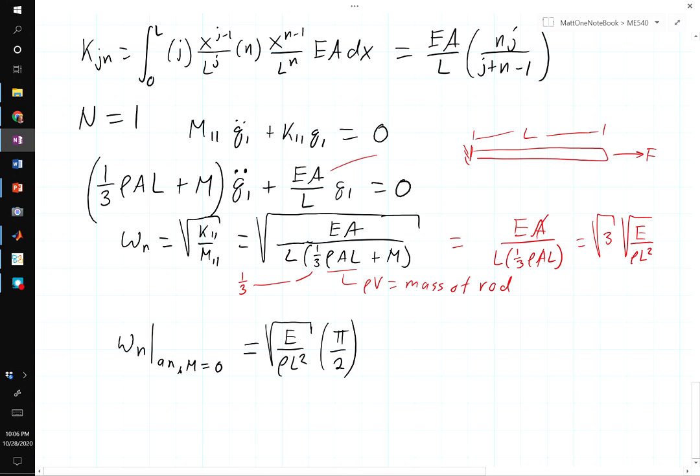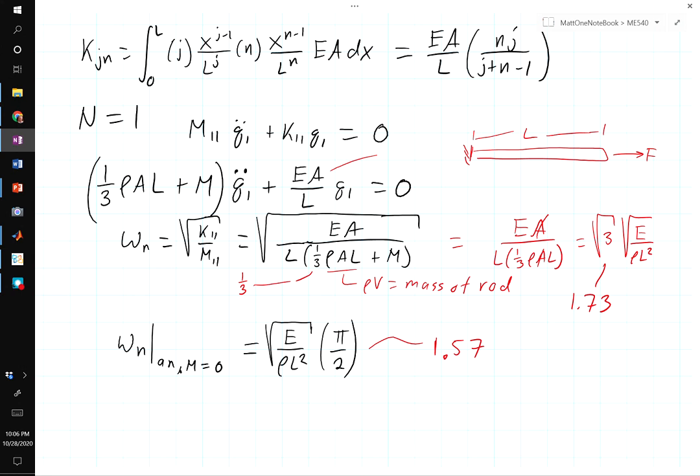So these are both similar. Here, this constant is going to be 1.73. This constant will be 1.57. So we got something already that's in the ballpark of the exact answer, and that's using only one basis function.